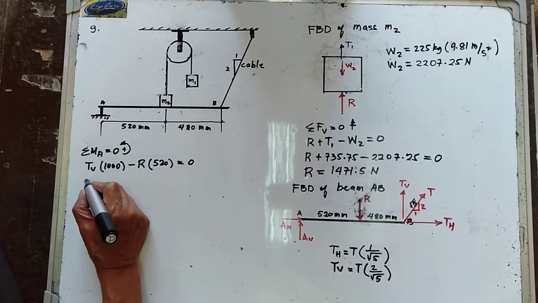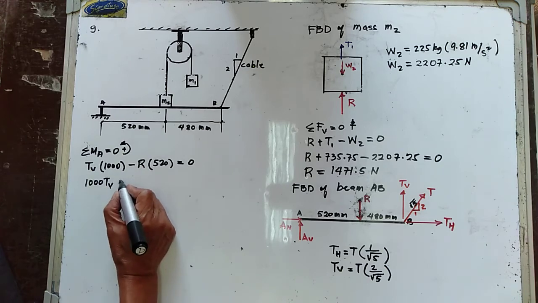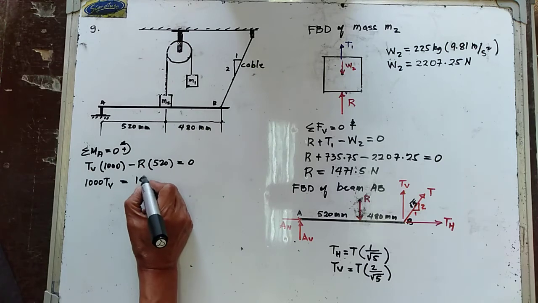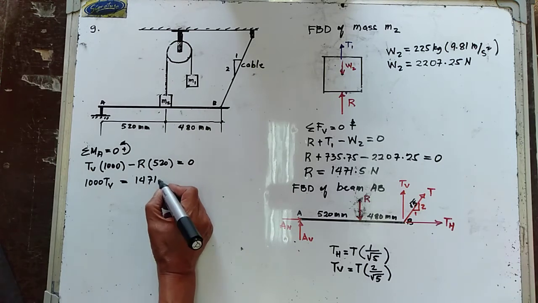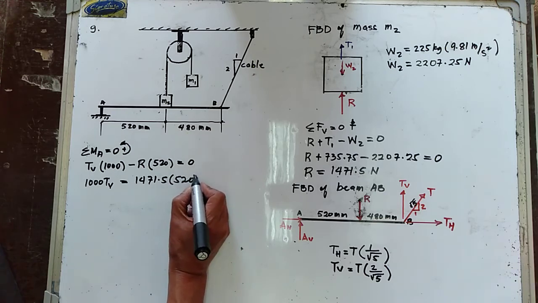Hence, your 1,000 T vertical is equal to R, and the value of R is 1471.5 newtons by 520.